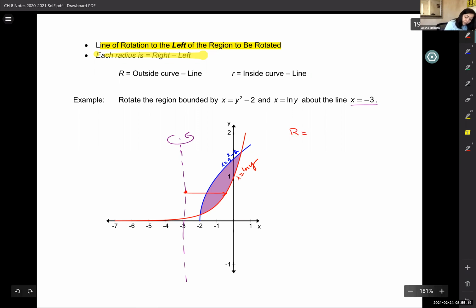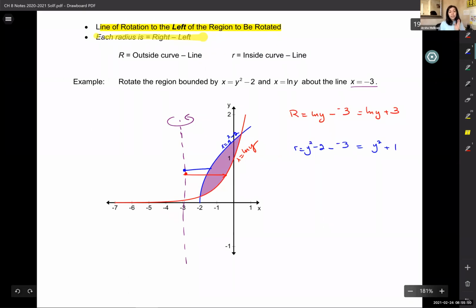So big R is right minus left, ln of y minus -3, so that's ln of y plus 3. Little r goes from the axis of rotation out to the closer curve, and that's y squared minus 2 minus -3, y squared plus 1.